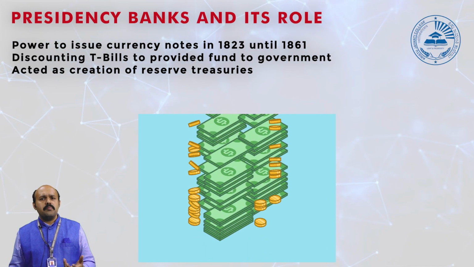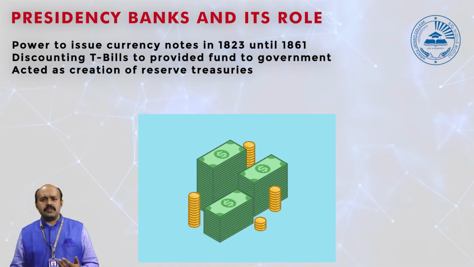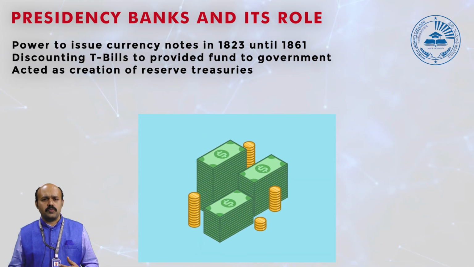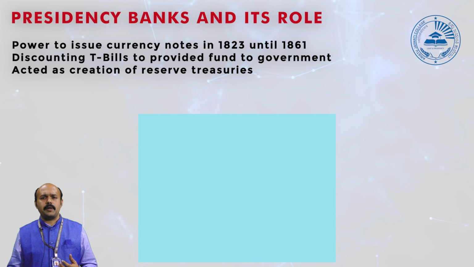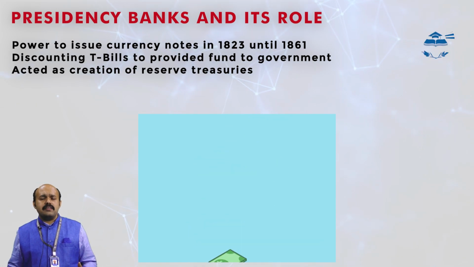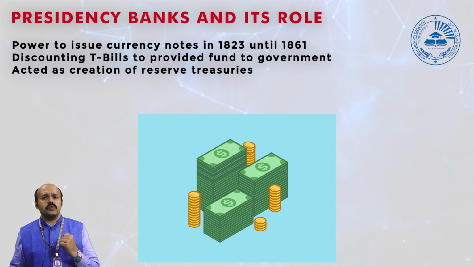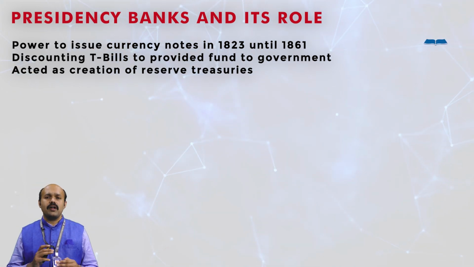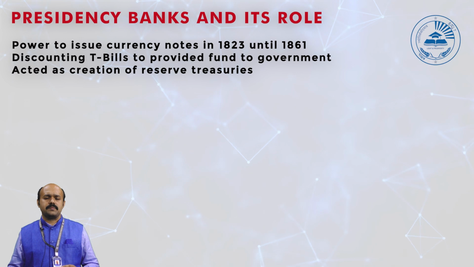So T-bills, treasury bills. Whenever trade happens and you can't pay the money, you resort to these treasury bills. So whenever traders wanted money very badly, they used to approach the Presidency Bank, which used to take all the treasury bills and pay the money at a discount. So it's called discounting treasury bills.